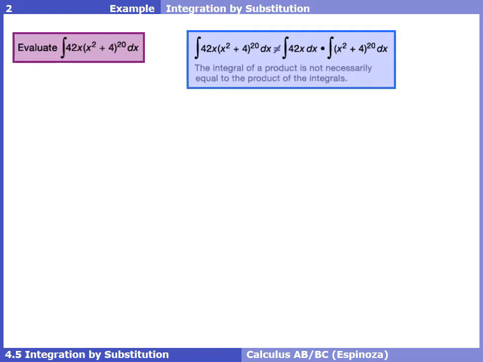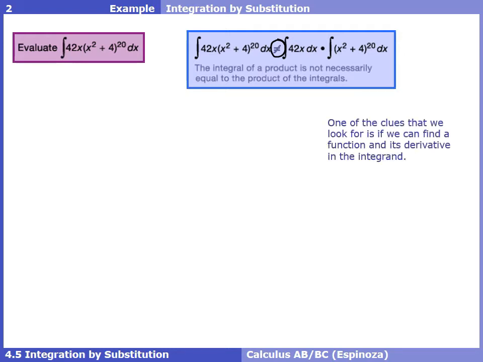When you're multiplying two functions, unfortunately, we can't take the integral of those separately. There is no product rule for integrating when you're multiplying two functions. So don't fall for that little mistake. If we're adding or subtracting two functions, then we can integrate those separately. But if we're multiplying, unfortunately, there is no quick way to do it.